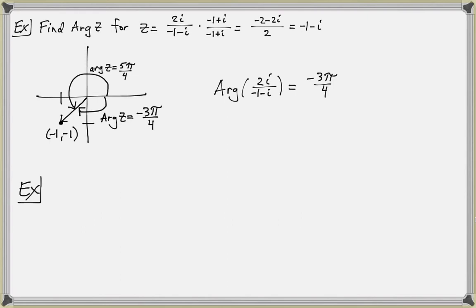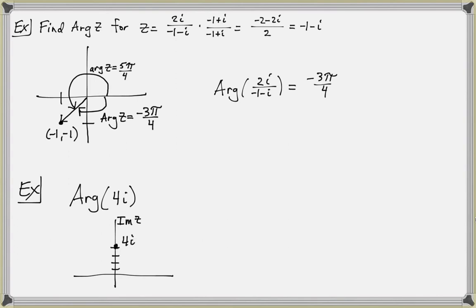Let's do the same thing for the pure imaginary number 4i. Well, on the coordinate plane, 4i lies on the imaginary axis. This would represent 4i.